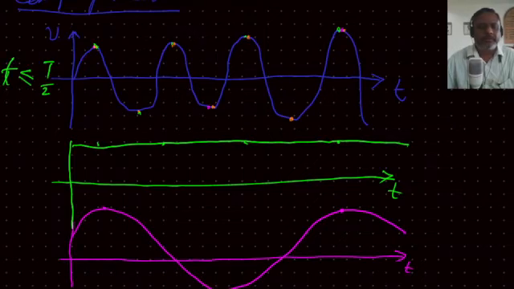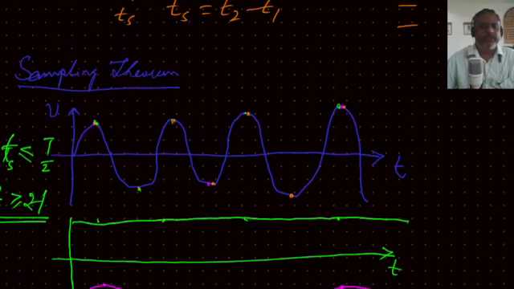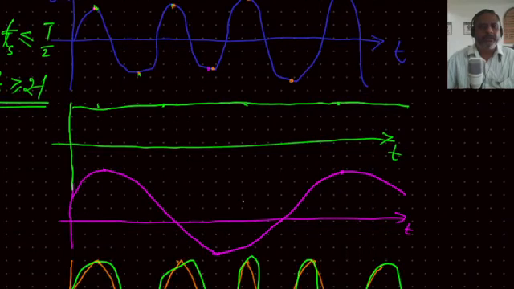So the sampling time should be less than T/2, or if f is the maximum frequency we are working with, then we should have at least 2 samples in each cycle. That means our sampling frequency must be at least 2 times the frequency of the signal. That's what our sampling theorem says.